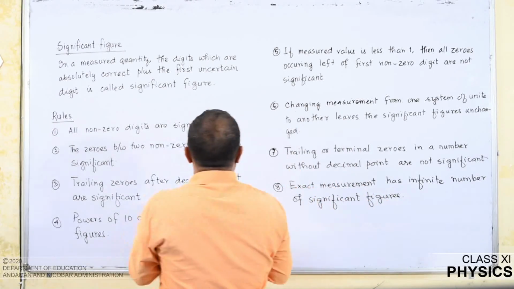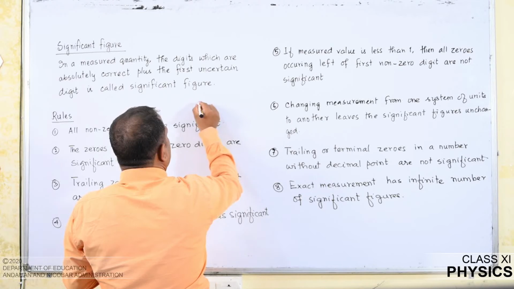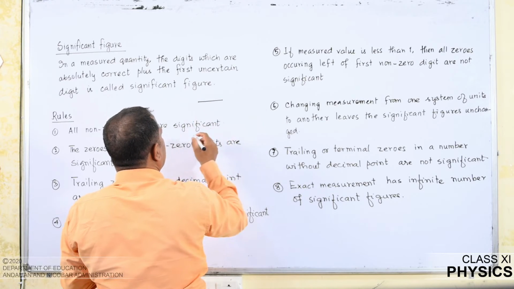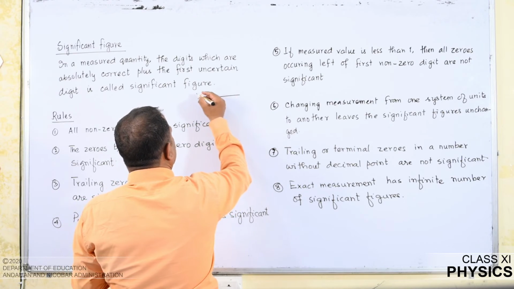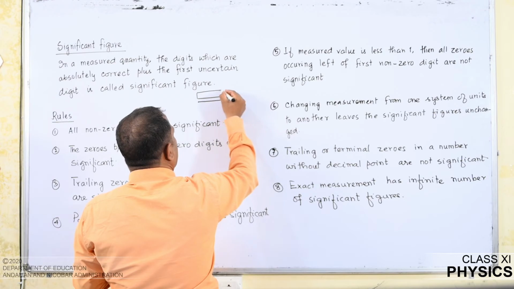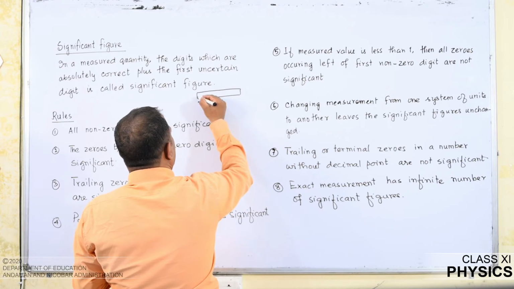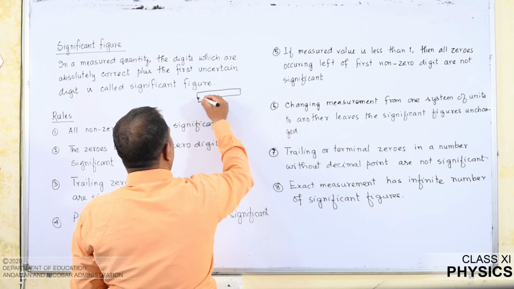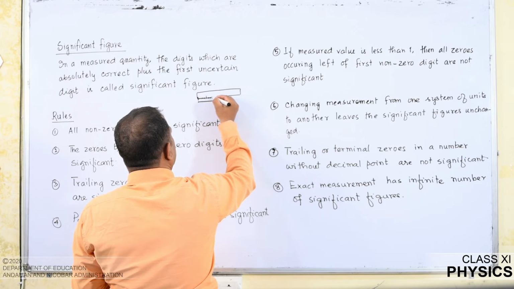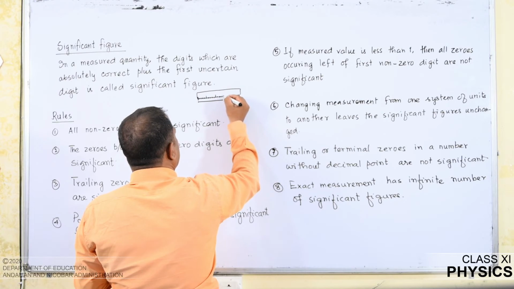Say, for example, you are given a length of this much and you are asked to measure it, and you keep your scale here and say your 0 lies exactly at the starting point, then 1, 2, 3, 4, 5, 6, 7, 8, 9, 10, 11, 12, 13 and 14.